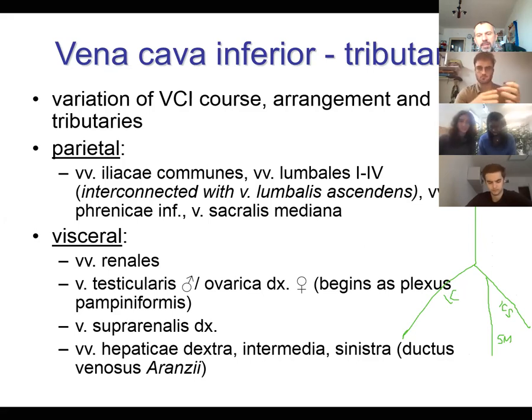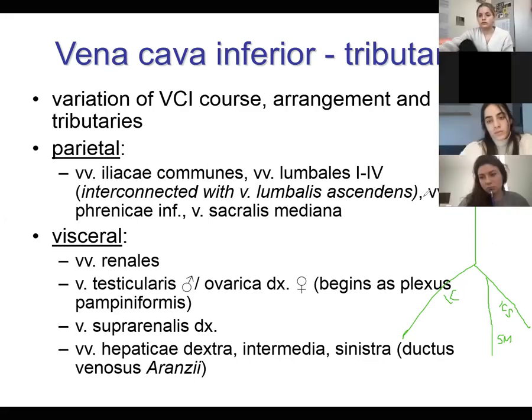Yeah, I hope you understand this, why it's like that. Yeah, as the vena cava is on the right side and aorta on the left side. So when we have here the artery, then the vein has to drain here.